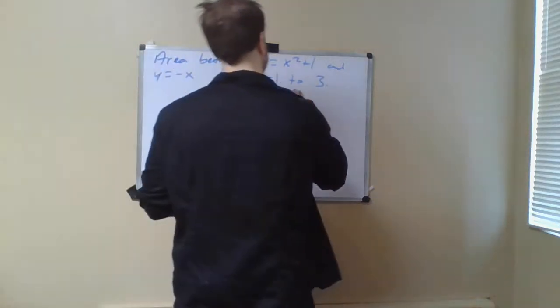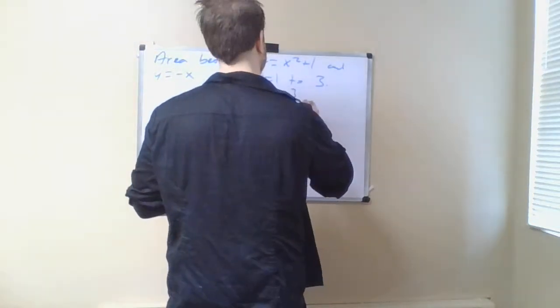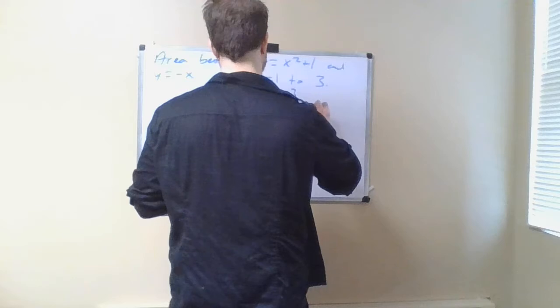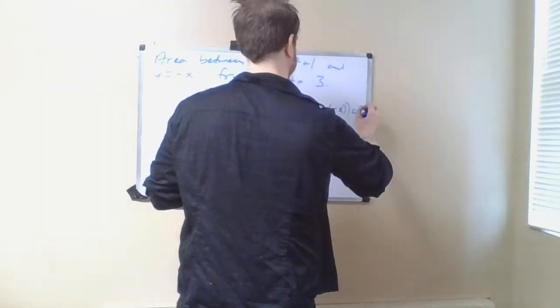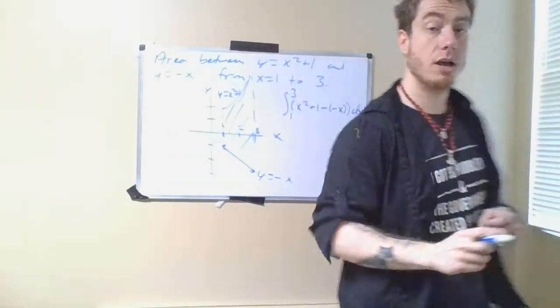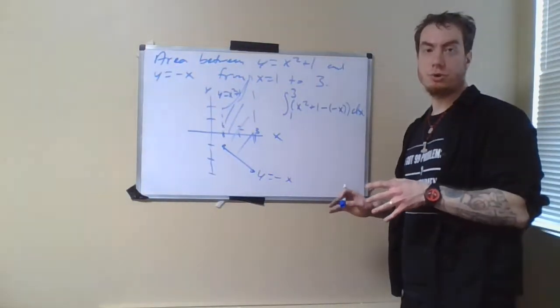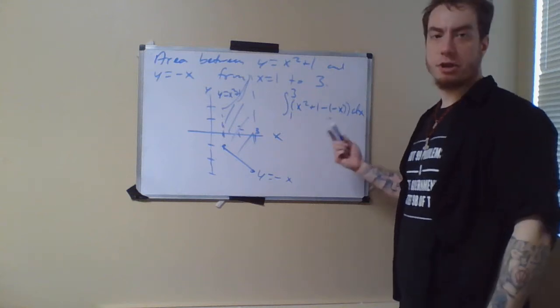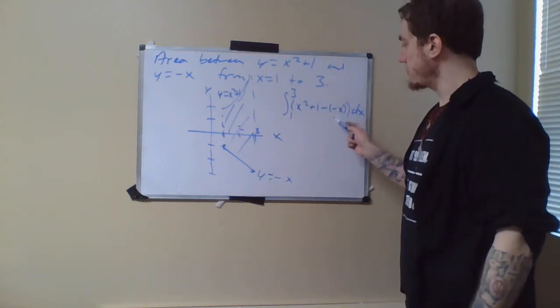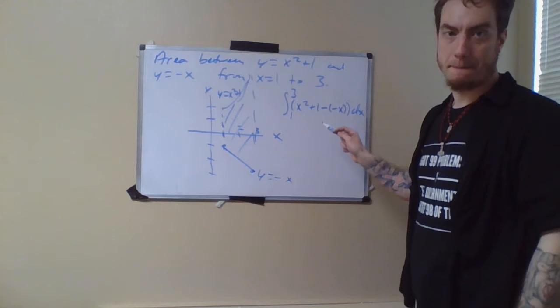So I want to do the integral from 1 up to 3 of x squared plus 1 minus negative x dx. Now, again, this is something that is true all the way back to algebra. When you subtract one function from another function, we really want to make sure we subtract the whole function.